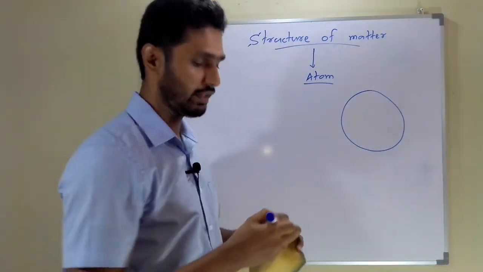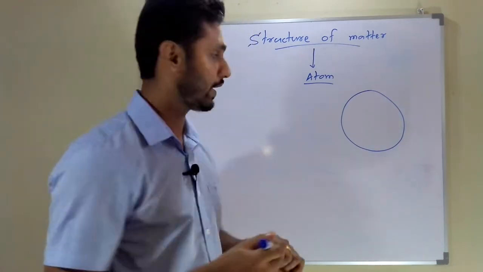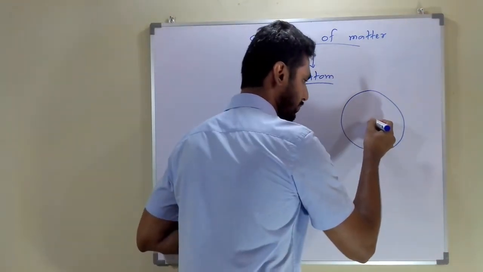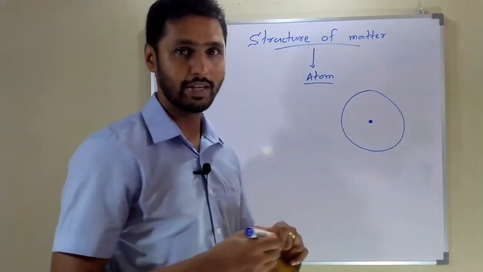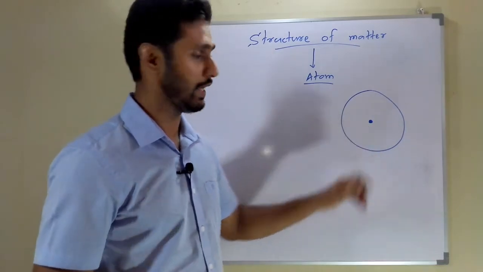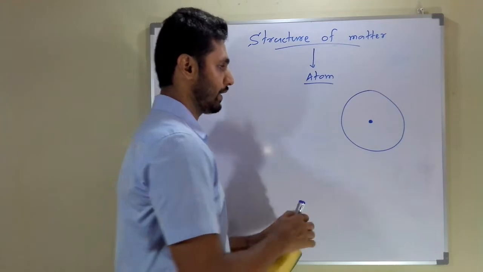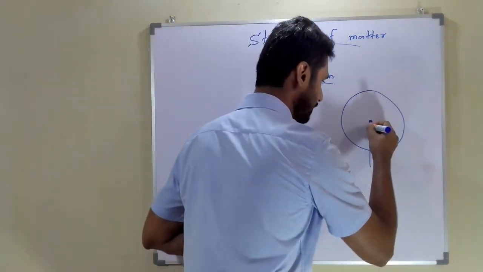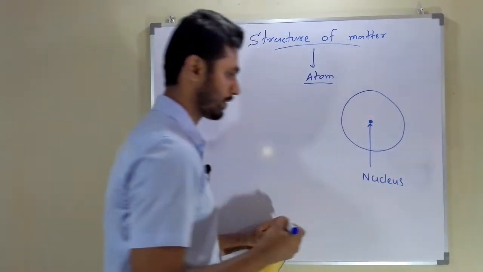So if we observe about the atom, there is a small place inside the atom, and it is placed at the center of the atom, and this is very tiny part, very minute part, and this part is known as nucleus of an atom.